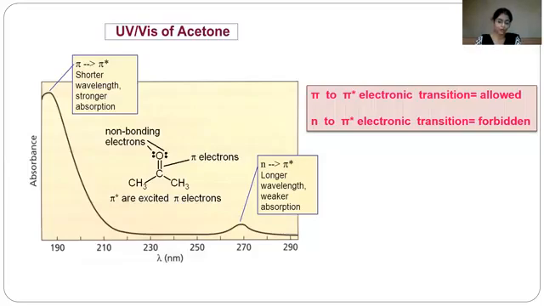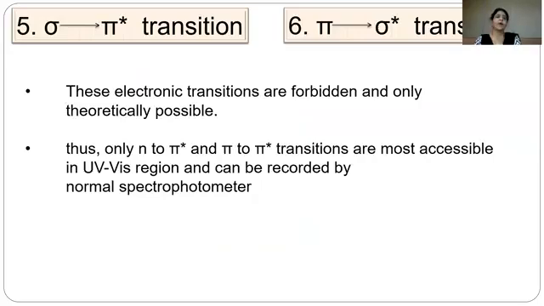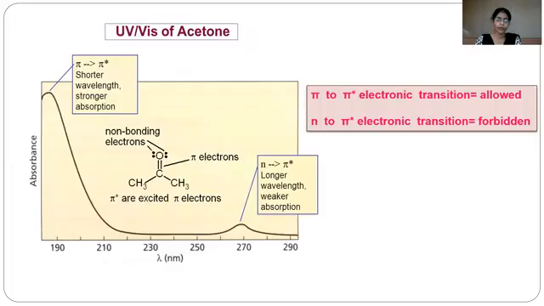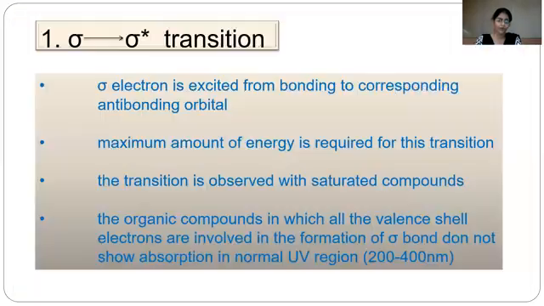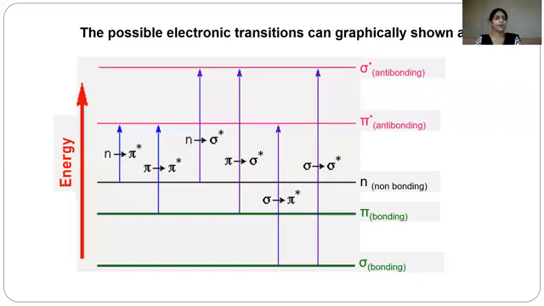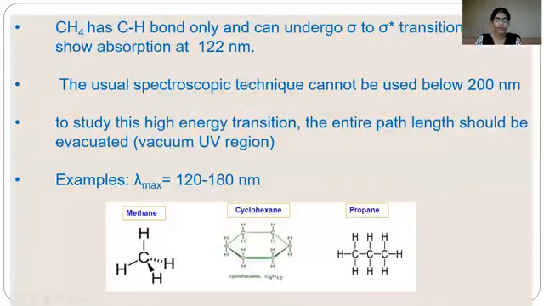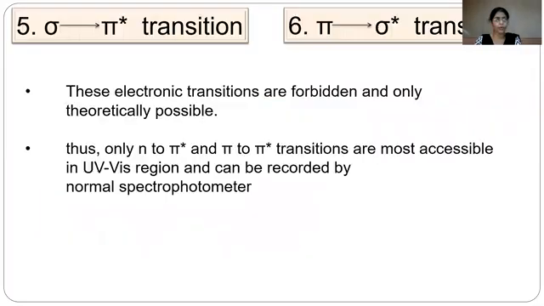So these are four main transitions. Other than these, sigma to pi antibonding and pi to sigma antibonding transitions are also possible on the basis of this diagram. But these transitions are only theoretically possible.